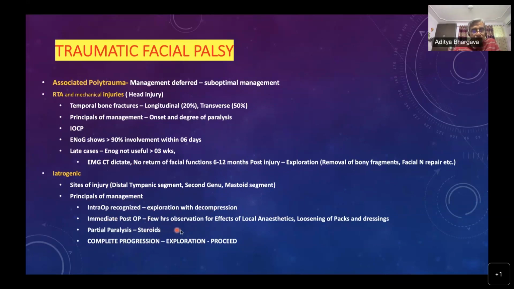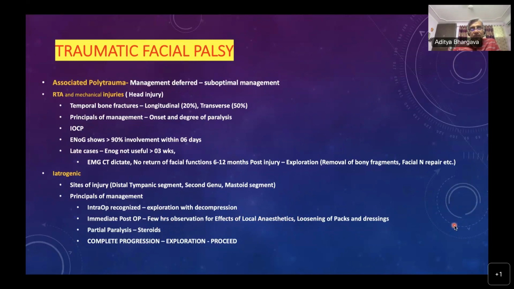There is no harm in a few hours of further observation for the effects of local anesthesia to wane off. We have given a lot of xylocaine and all. It takes about 6 to 8 hours, 10 hours for the effect to go. Let it go. There is no harm done. Then you can loosen the packs and dressing and see.